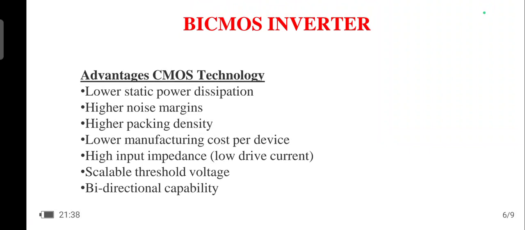They have very high packing density, that means many devices are created in a small area, and lower manufacturing cost.